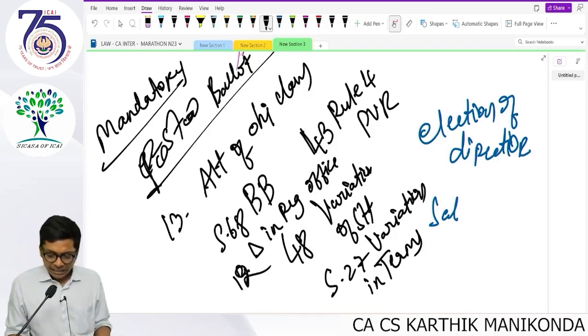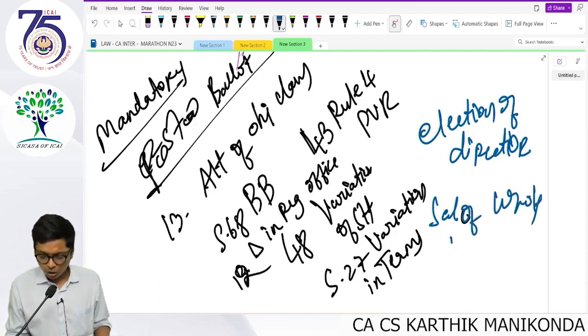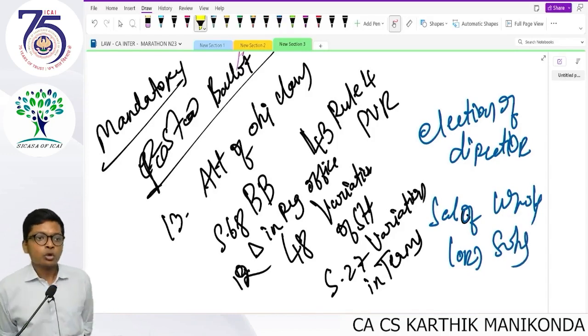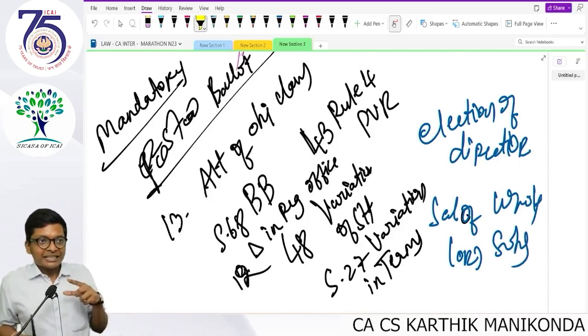Following, guys, and sale of whole or substantial undertaking. Should I mug up these points? No. Whenever these concepts come in answers, you have to write the resolution has to be passed in postal ballot.